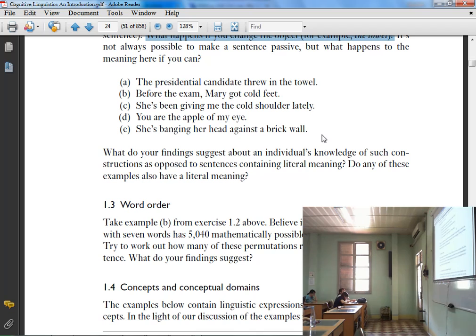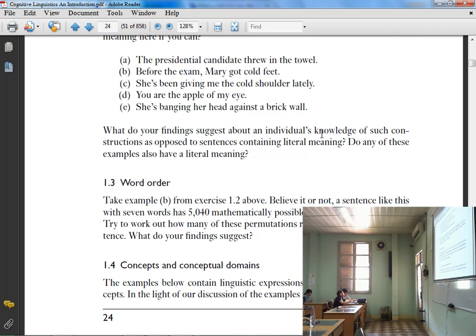Now, look at example B. Before the exam, Mary got cold feet. Yeah, from mathematical calculations, it suggests that there are more than 5,000 combinations possible just by putting these words in different order.